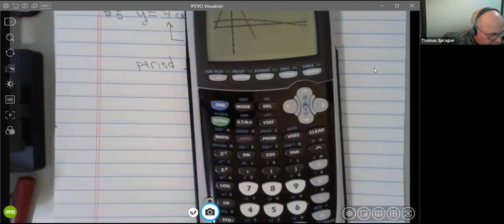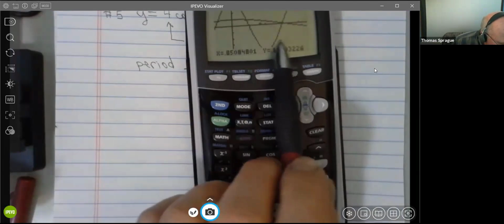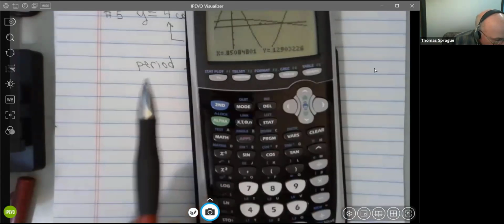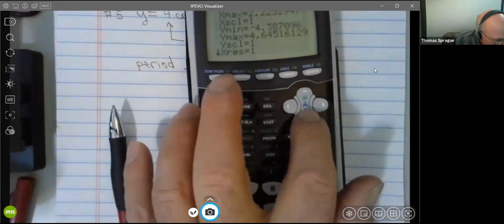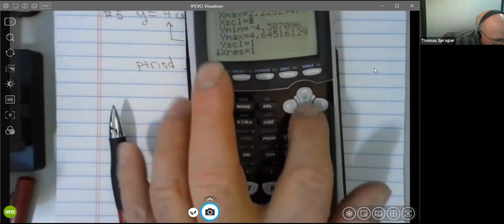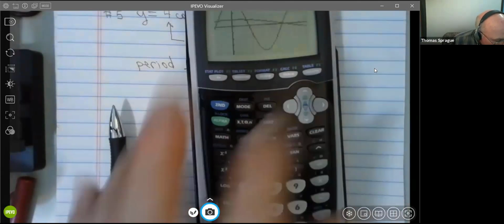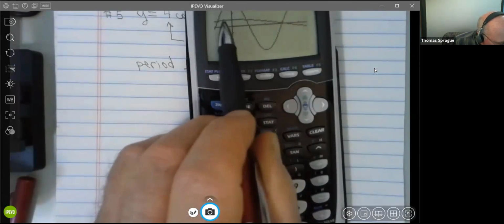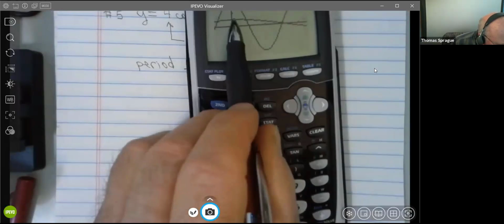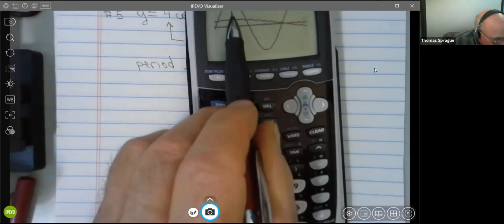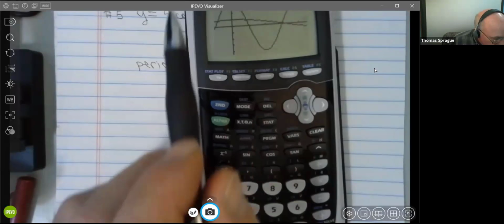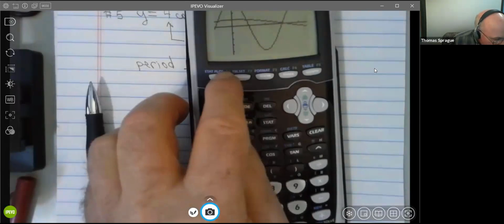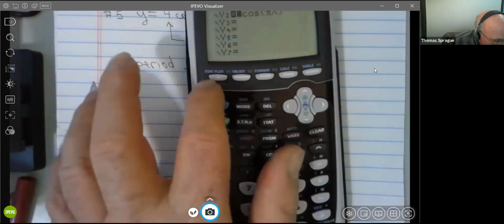That's our new function. One, that looks like 4. Oh, it is 4.